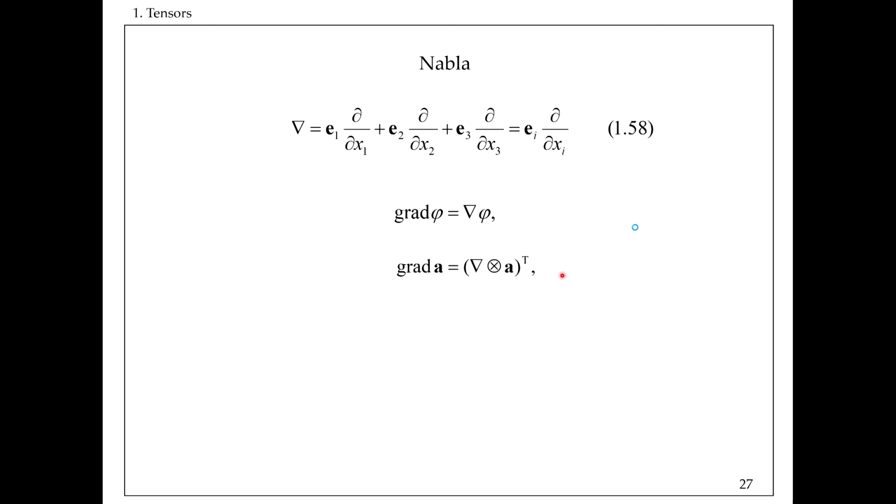So this can be done if we just use this operator and multiply with A, then you will see that to obtain our original definition of grad A, you do need to add this transposition to obtain the right order, the right indexes in here, if you still want to use it through Nabla.